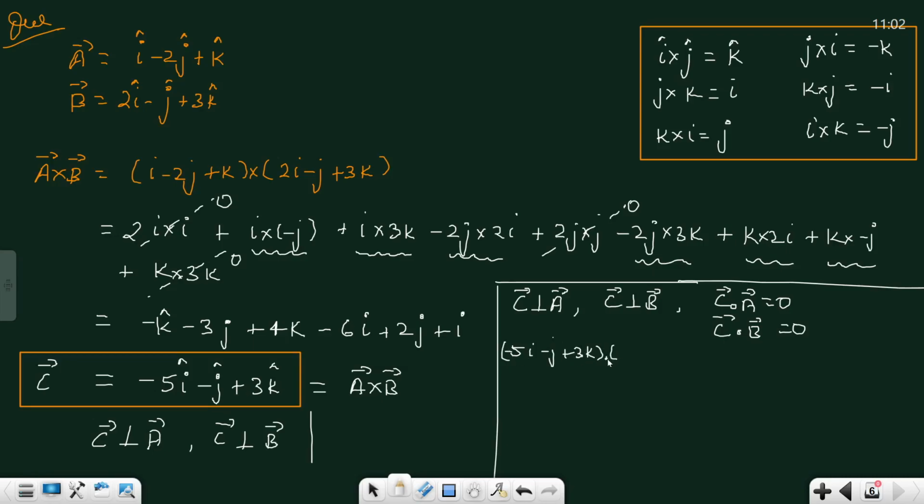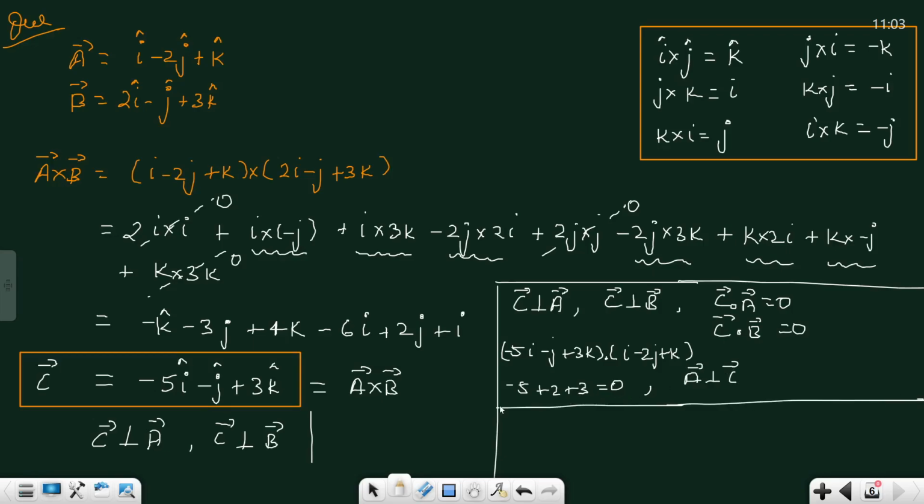Then take the dot with A, which is i minus 2j plus k. So this becomes minus 5 plus 2 plus 3. Is it 0? Yes. So A vector and C vector are perpendicular.